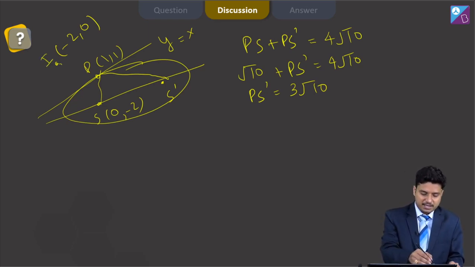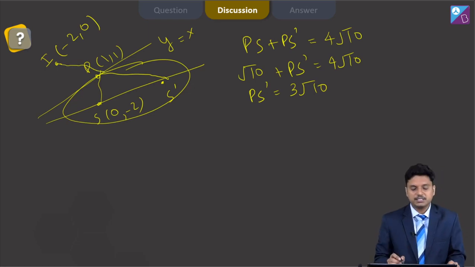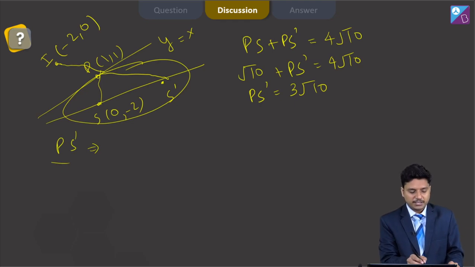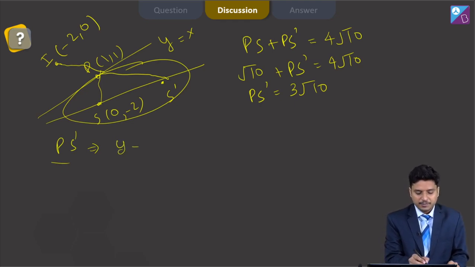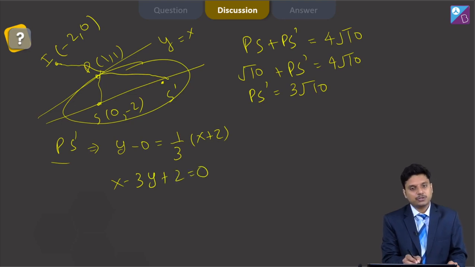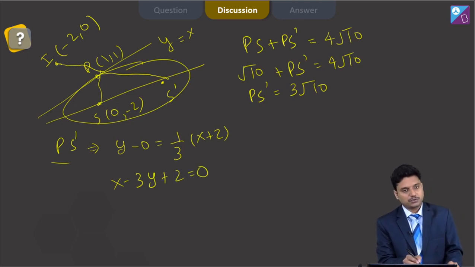Now the image, P and S dash, these 3 points should actually be collinear. That means the equation of PS dash can be found by joining these 2 points, the image and P, which will be y minus 0 equal to 1 upon 3 into (x plus 2). So this is x minus 3y plus 2 is equal to 0.